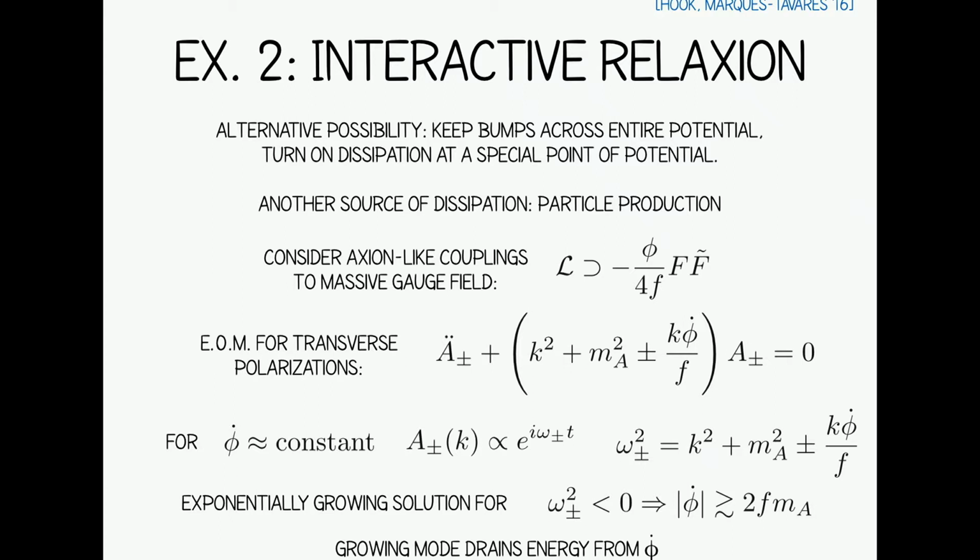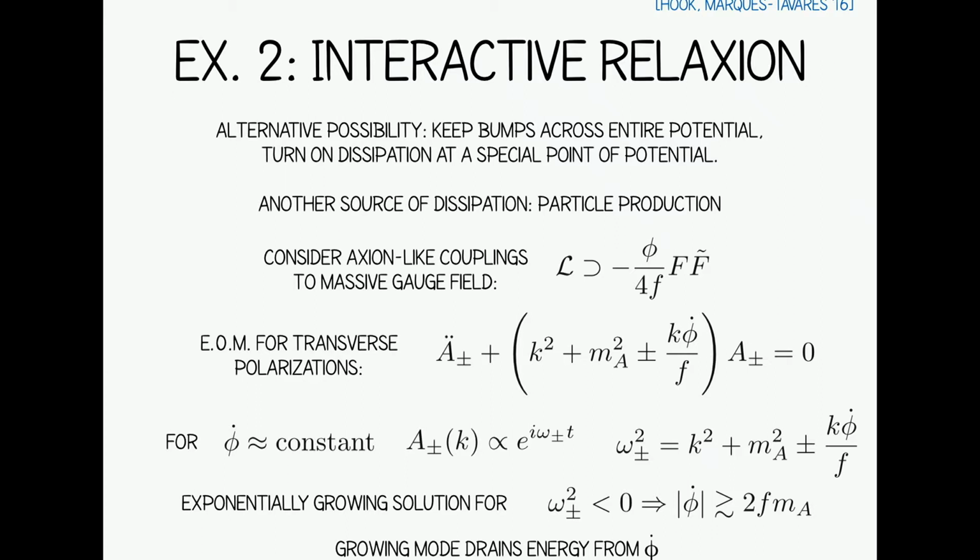All right. So the condition for it to be an exponentially growing solution amounts to the requirement that these frequencies be imaginary, and that corresponds to a requirement, particularly on the term with the minus sign, that the absolute value of phi dot be larger than some amount. It's the geometric mean of the mass of these gauge bosons and this scale f of the axion-like coupling.